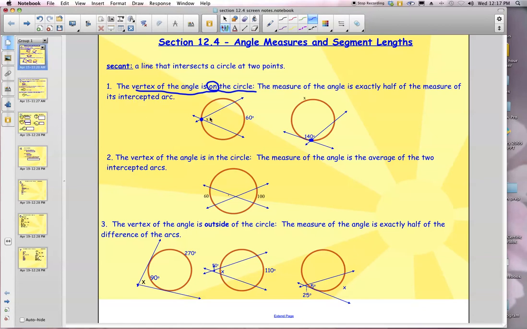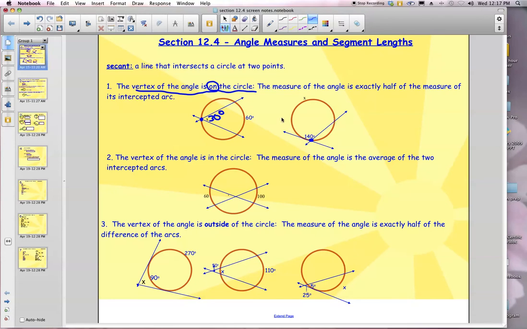So what that looks like, for example, this angle is angle X. Its intercepted arc is the one that sits between the 2 secants. So half of 60 would be 30. This measure would be 30 degrees. In this one, we can see that the angle is 140, and using this relationship, we can find the measure of the intercepted arc.